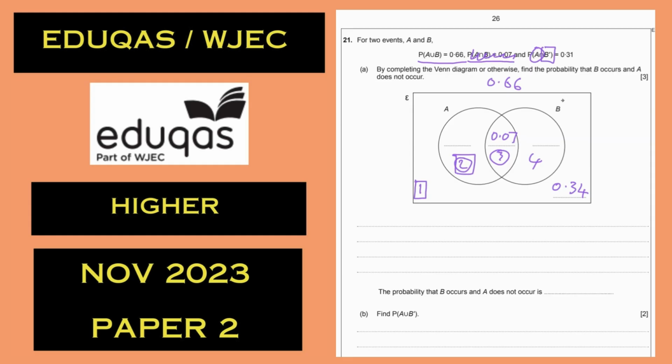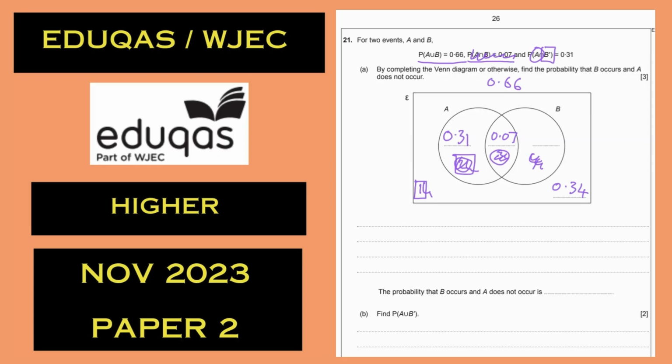So the only bit we're interested in is the moon, as I call it, of A. That's the 0.31. In it goes. You could do that by shading. I prefer to do it by numbering or lettering.